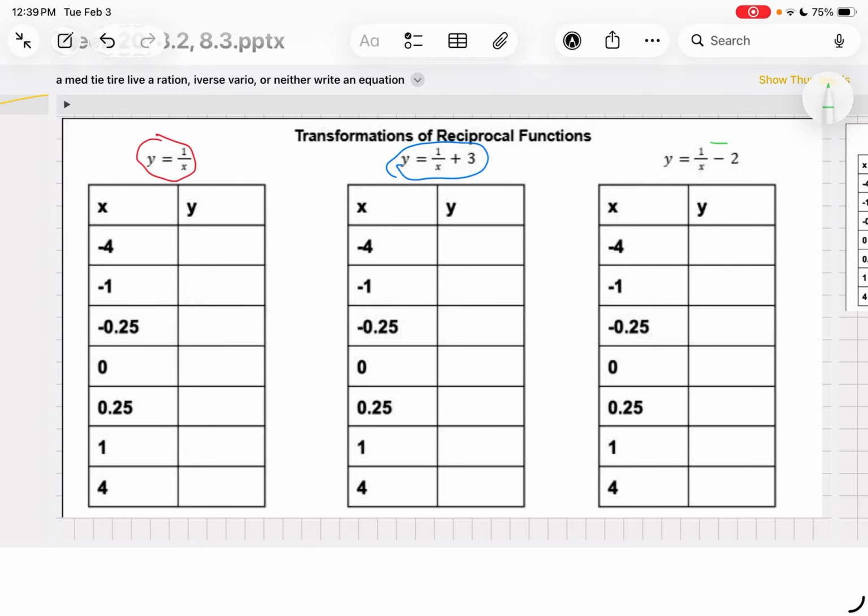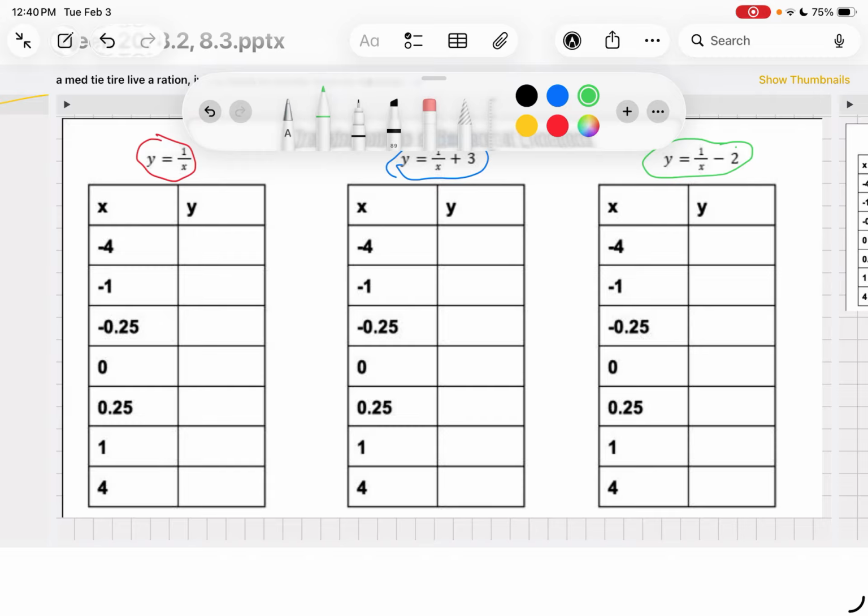And after you've filled in those tables and color coordinated them, you're going to graph each one in the color that you chose on the graph below. Okay, I don't have it on my slide, but you have it in your notes. And then after you've done that, I want you to think, okay, as these things changed, as I added 3, as I subtracted 2, how is that affecting the graph? Okay? So go ahead, take a minute, pause the video, and then we'll come back and fill in the table.